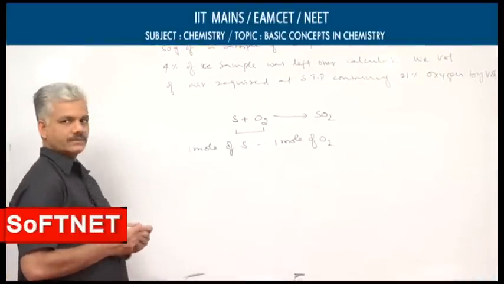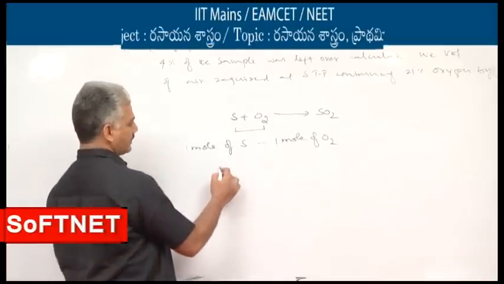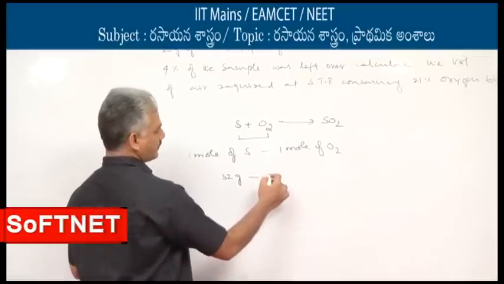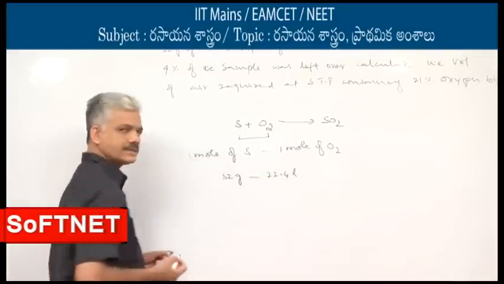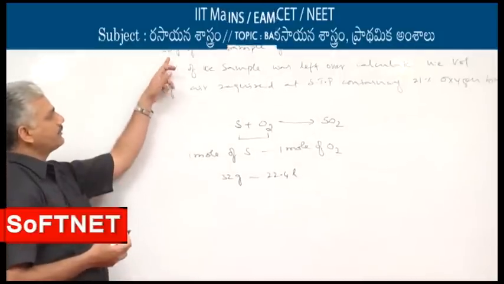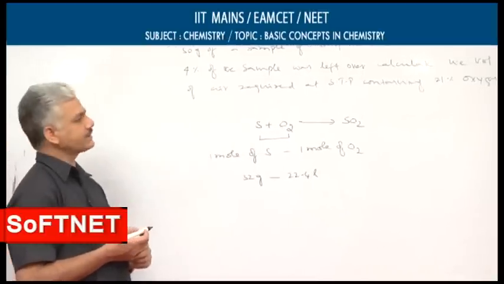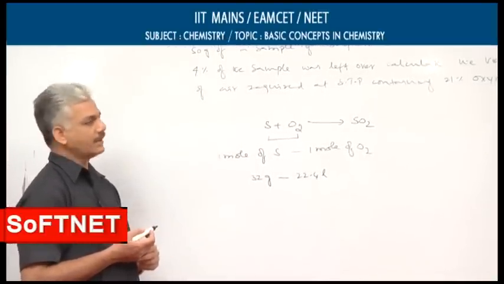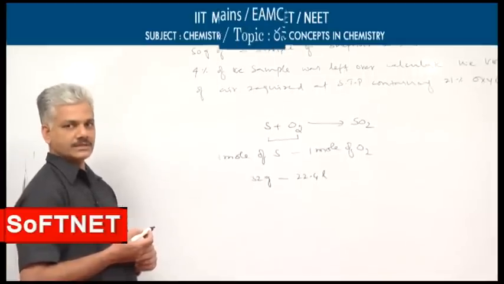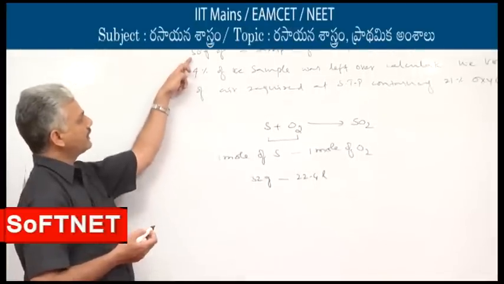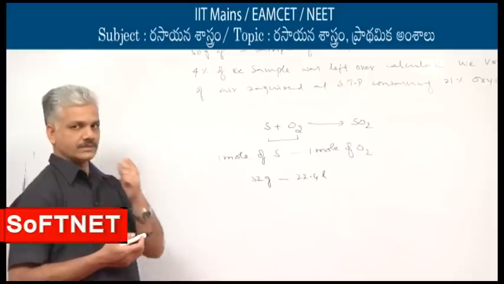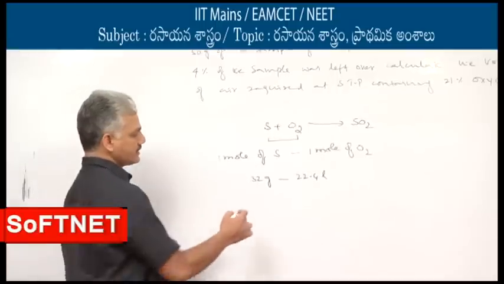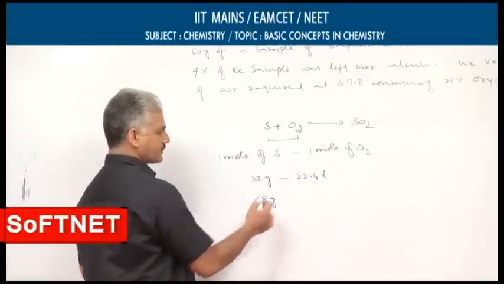Now, 1 mole of sulfur means in terms of weight 32 grams, and the volume of oxygen for 1 mole is 22.4 liters. Now, in the given problem, 50 grams of sulfur, out of which 4% of the sample is left out, means so many grams of sulfur has not reacted. Out of 50 grams, 4% comes out to 2 grams. So, the weight of sulfur participating in the reaction is 48 grams.